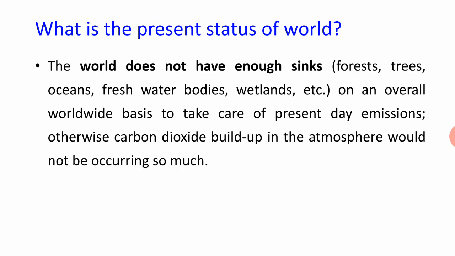The forest, trees, ocean, freshwater bodies, and wetlands are all considered carbon sinks. On an overall worldwide basis, they take care of present-day emissions, otherwise the carbon dioxide buildup in the atmosphere would be much greater. So in the present status of the world, there are not enough carbon sinks.